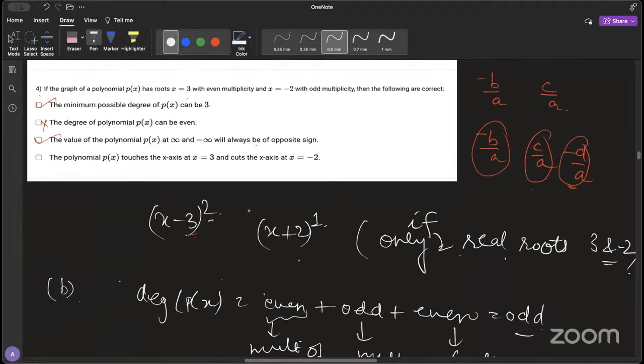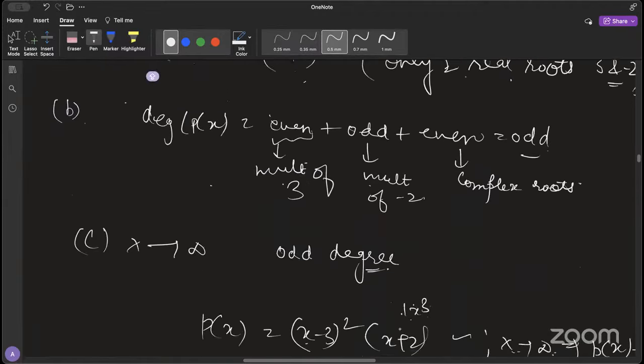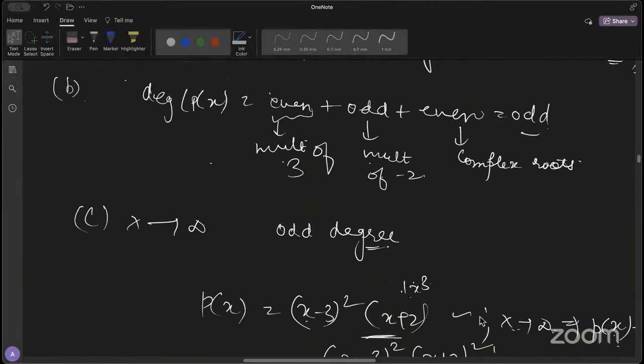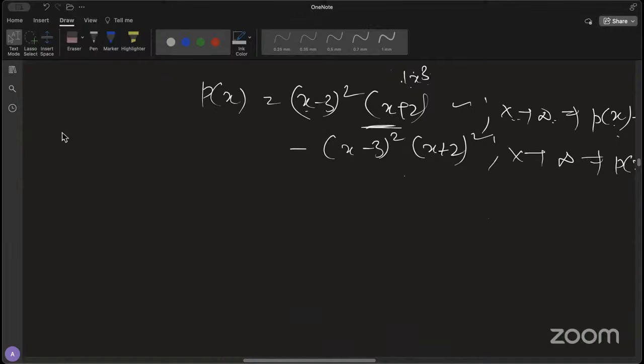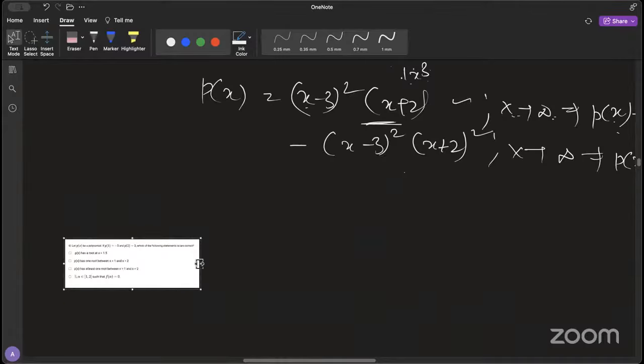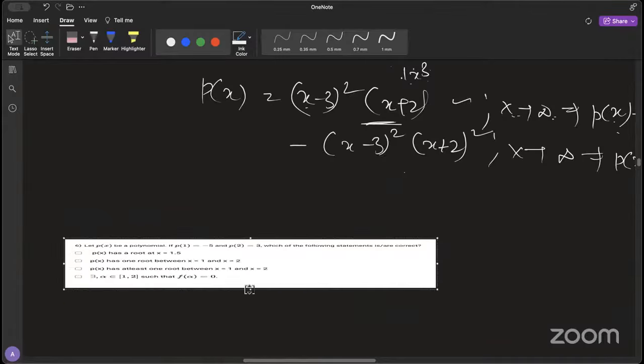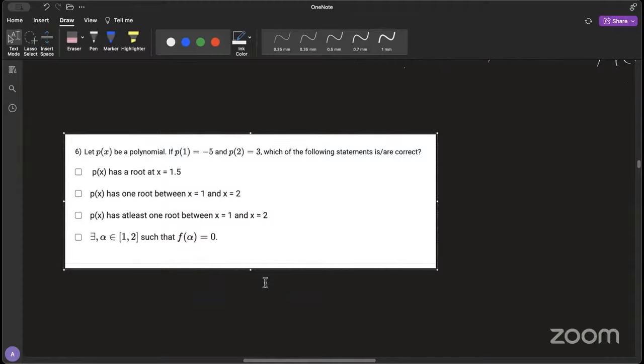In question number 6, what is the difference between option B and option D? One second, let me check question 6. Let p(x) be a polynomial.